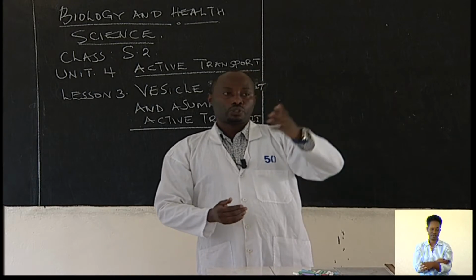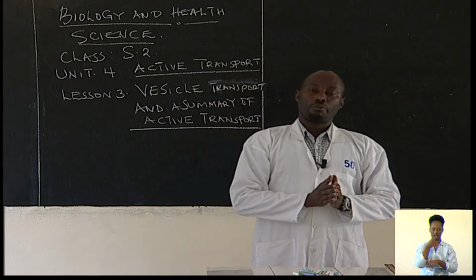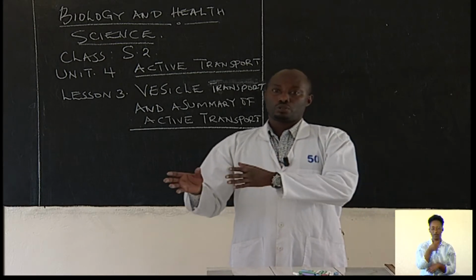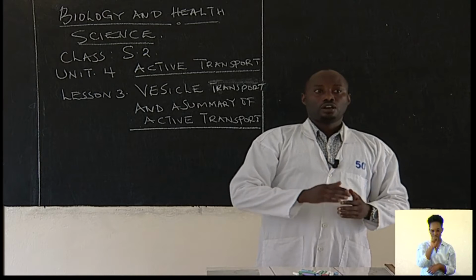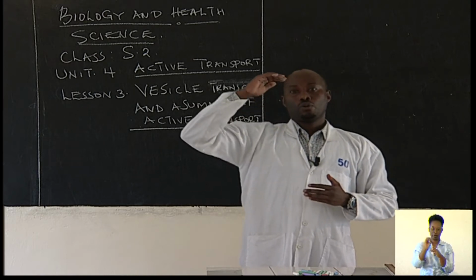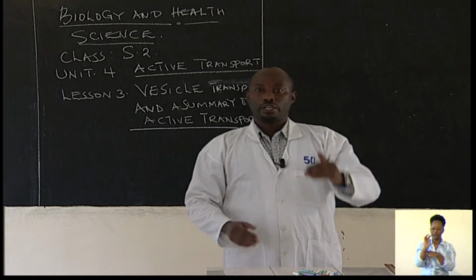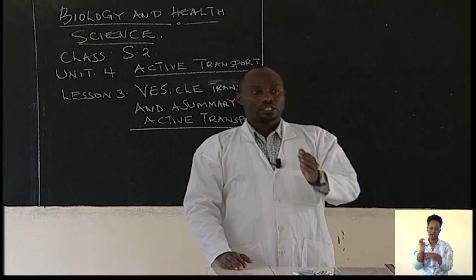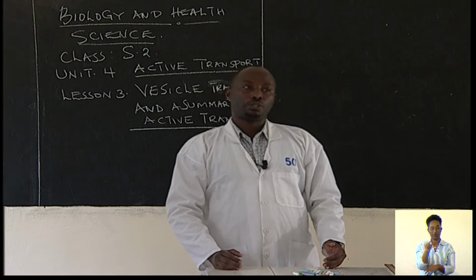And now we're going to talk about active transport. We talked about the movement of molecules, particularly carrier proteins, where they can move from one membrane to another with the help of energy. And I mentioned that the energy is in the form of ATP.